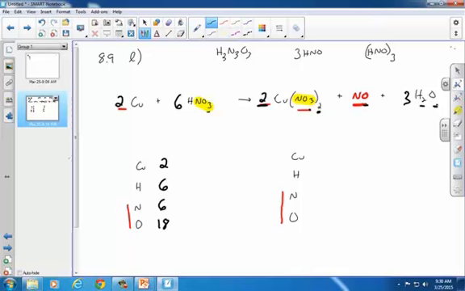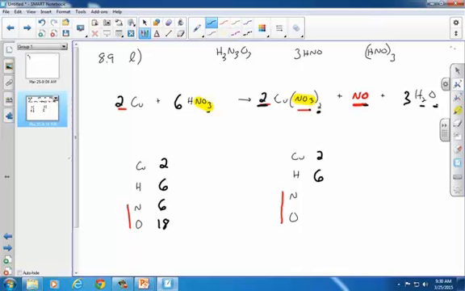On the right I have 2 copper, I've got 4 nitrogen from the first compound, 1 from the second. I want to go to hydrogen next. I've got 6 hydrogen from the 3 waters.